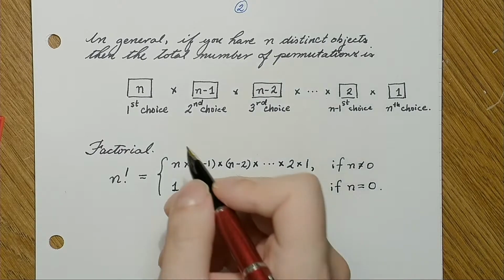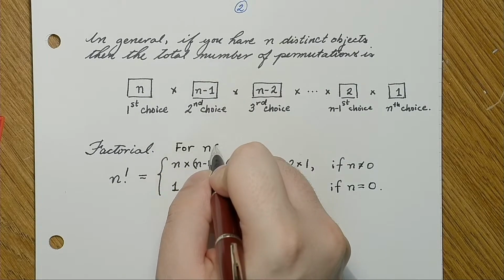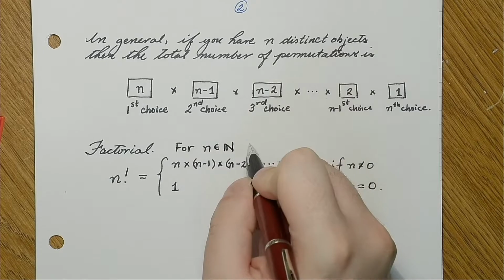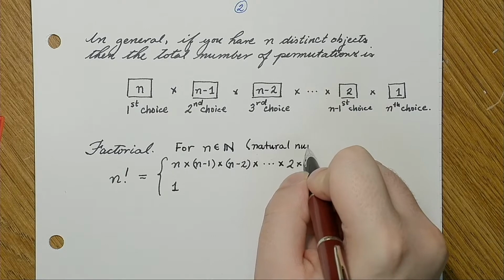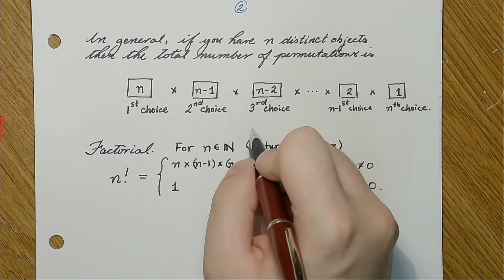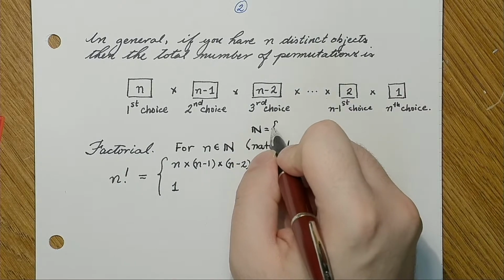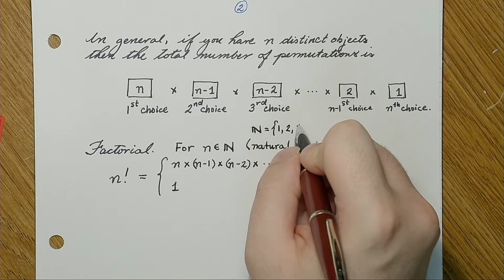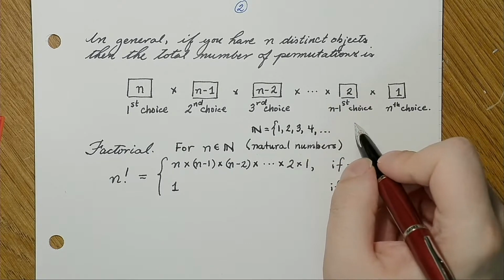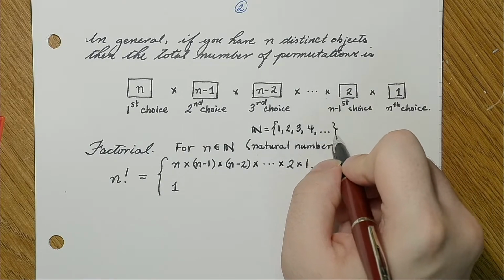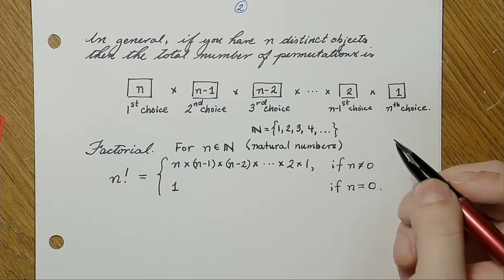And I'm also going to specify that this definition is for n in the natural numbers. So just to make sure that everyone knows what I mean, the natural numbers, n, is the set of numbers 1, 2, 3, 4, dot, dot, dot. Repeat, please explain how the nth choice is 2.